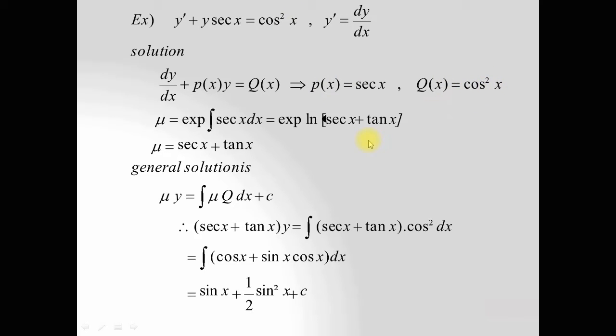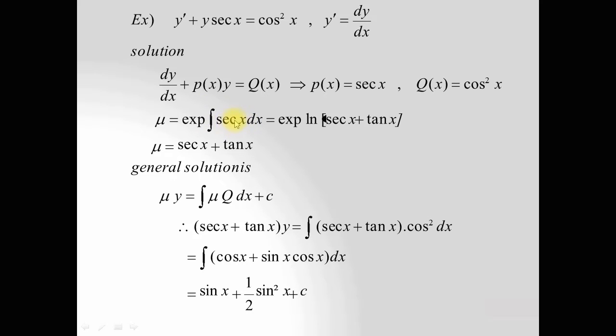Now find the integrating factor, e power integration of the p function with respect to x.